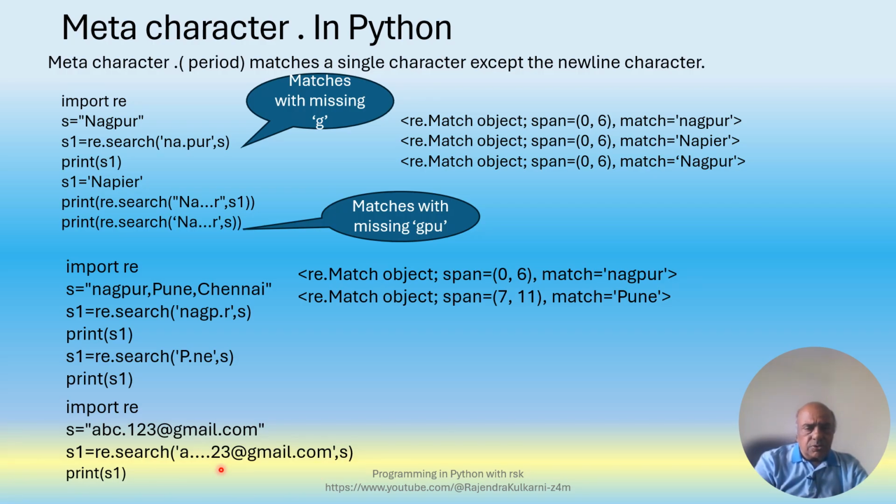These 4 dots represent B, C, dot and 1 of our string S. Since these 4 are absent in our search criteria but are represented by dots, what we get as the output is abc.123@gmail.com.